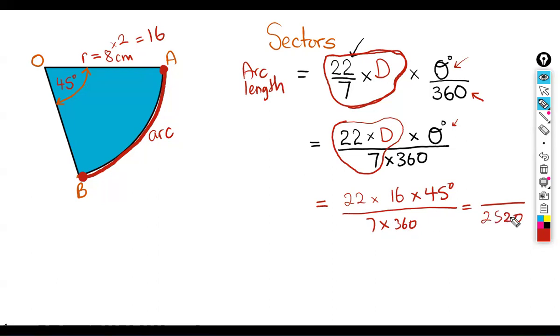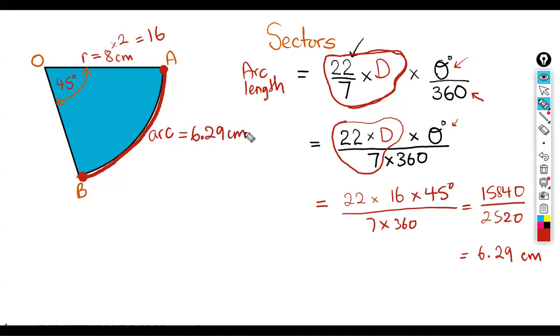The top is 22 by 16 by 45, which is 15840. Let's divide. 6.29 centimeters if you round it off properly. So the curved part is 6.29.